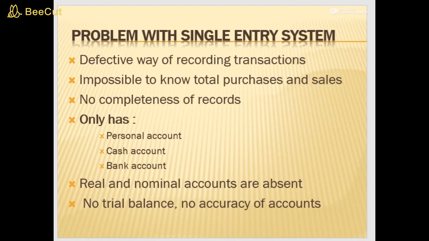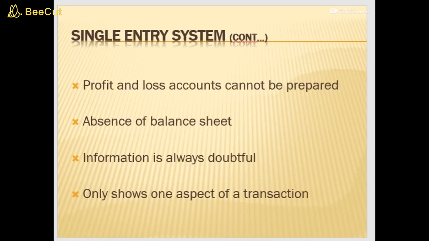For some assets we have data, no doubt, but the major real accounts are not prepared. We don't have a trial balance, so we cannot check the accuracy of transactions either. Then we cannot prepare a profit and loss account in the single entry system.